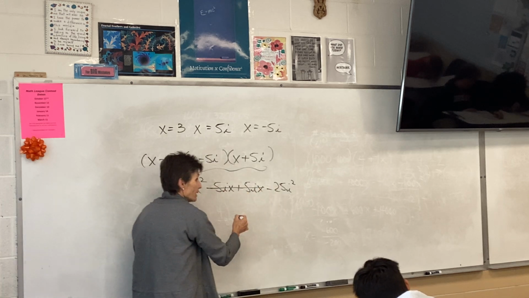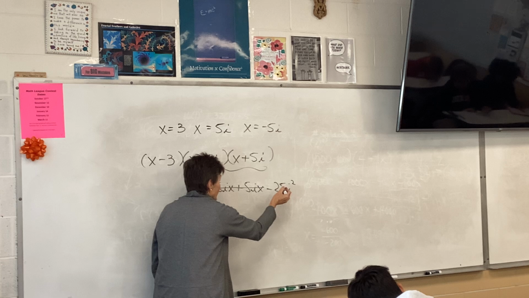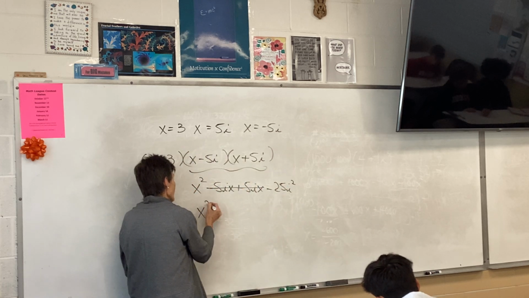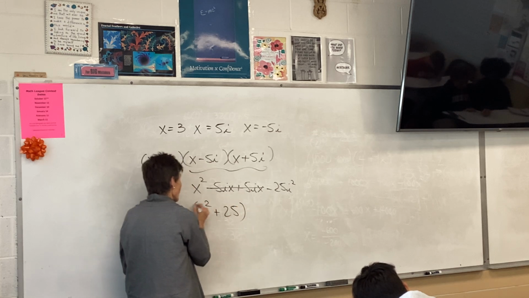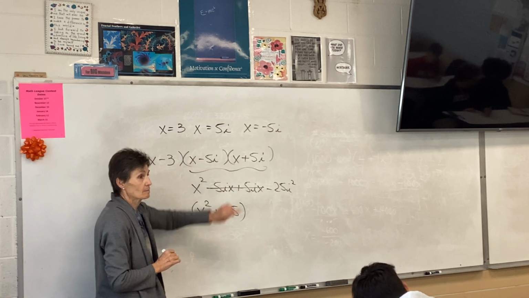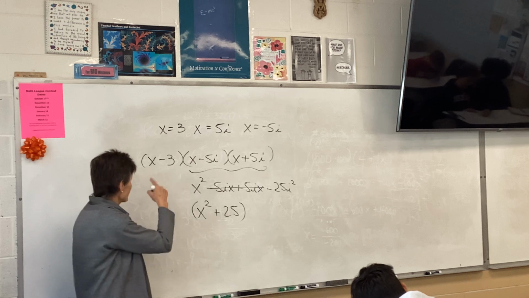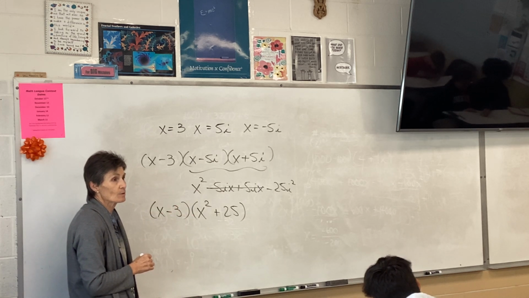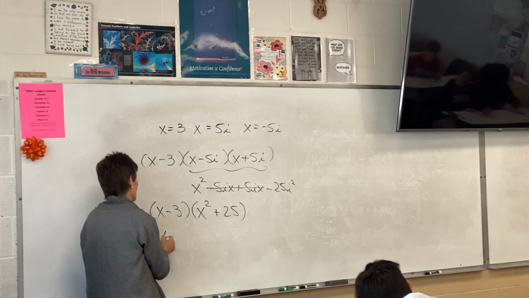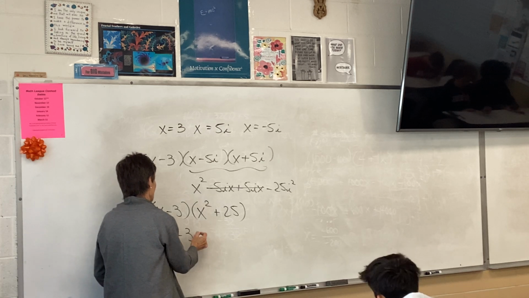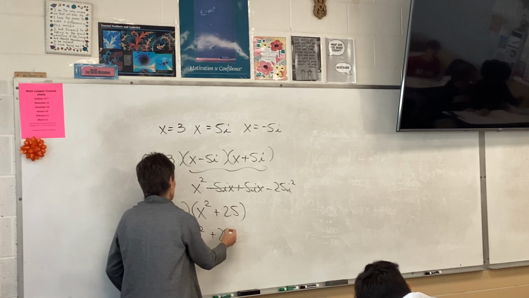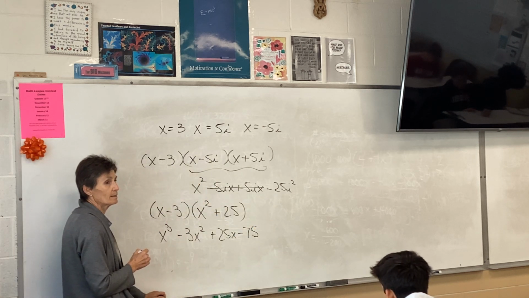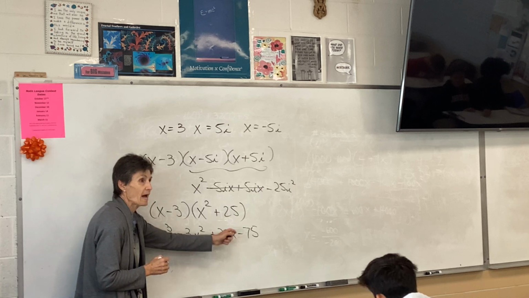And these are gone, and what's negative 25i squared? So x squared plus 25 is what I have for these, which I then multiply by x minus 3, so it's another FOIL. We want our answer to be in descending order, so if it doesn't come out that way, you'll want to rewrite it so that the powers are going down.